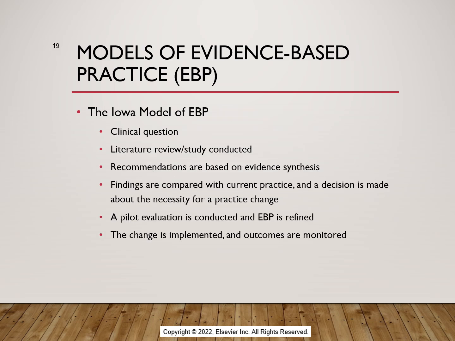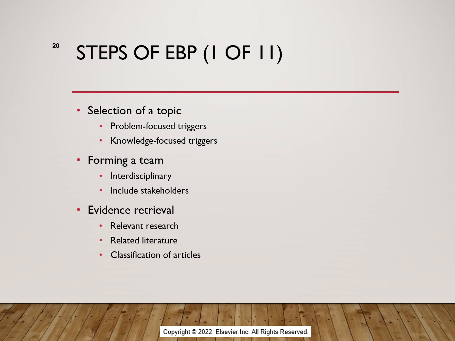One of the models used is the Iowa model, and I'm not going to go into it to help shorten this presentation, but the authors of your textbook go into more detail on that Iowa model. So I encourage you to read through that Iowa model.